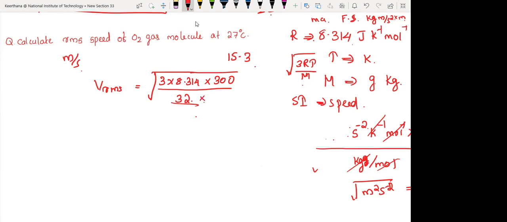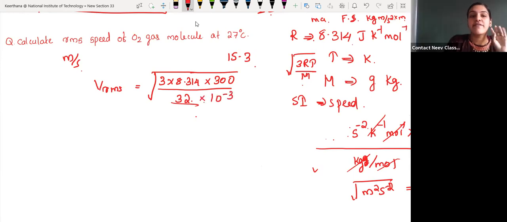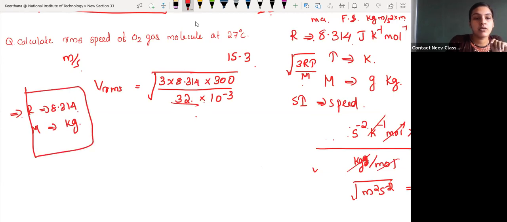Getting 483.6. Yes. So if you are calculating the RMS speed, remember the R value should be 8.314 and M should be in kilogram. If you forget this, you are going to end up with a wrong answer, and that wrong answer will be there in the options.